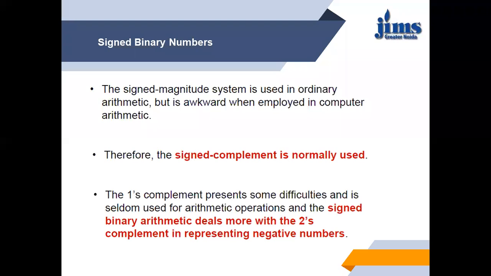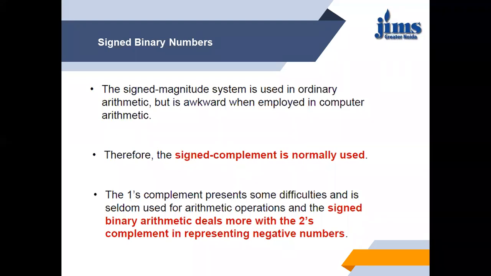Now, the ones complement presents some difficulties as it's seldom used for arithmetic operations, and signed binary arithmetic deals more with 2's complement in representing negative numbers. So hereafter, when we are not asked to represent a number in sign magnitude representation, it is more convenient to use 2's complement of the positive number.